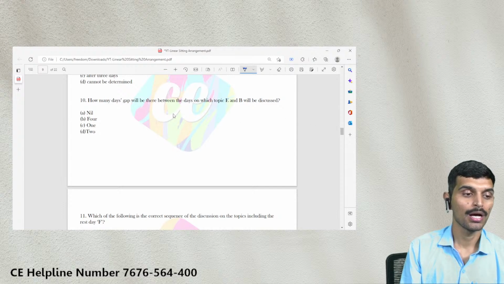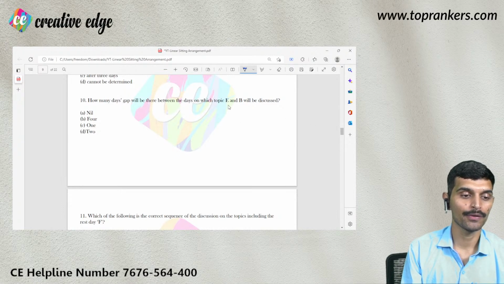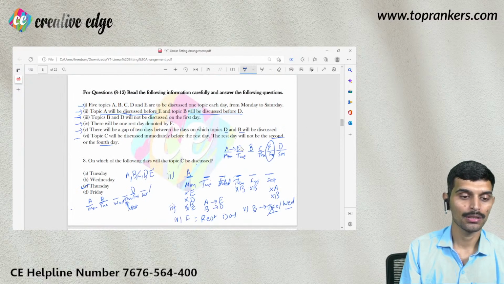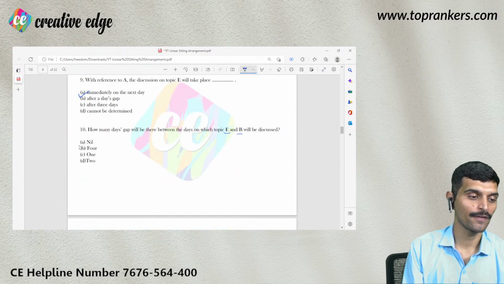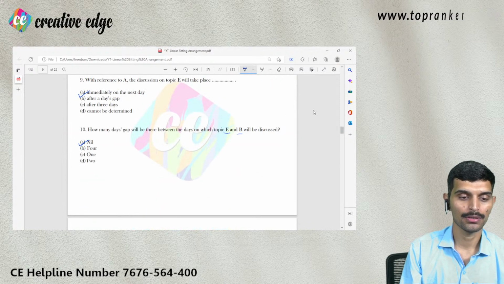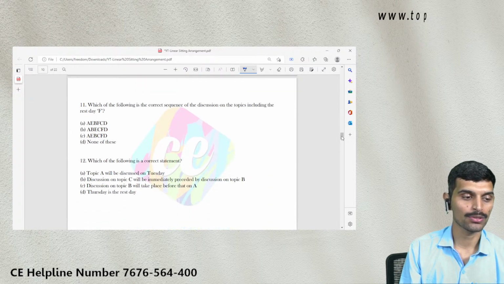Next one is how many days gap will there be between E and B? So between E and B, there is no gap. It is zero or nil. Look at the options, we have nil as our option. Now let's look at the next question.